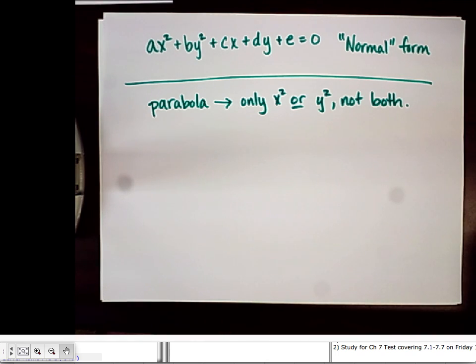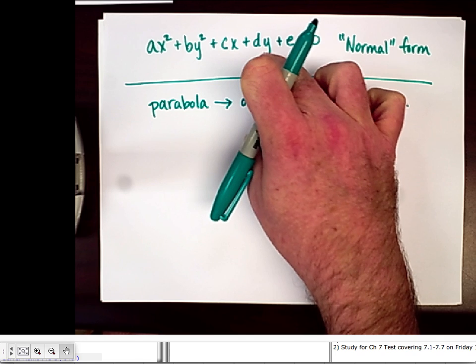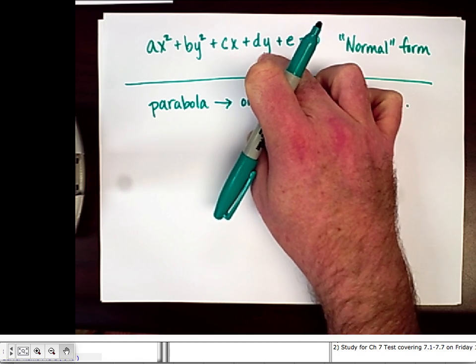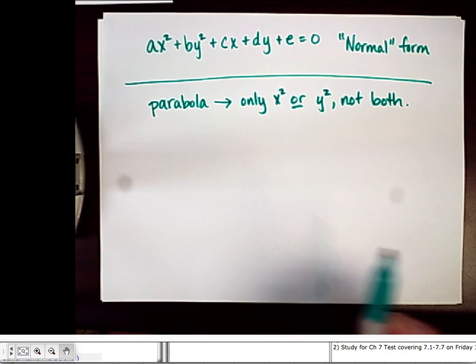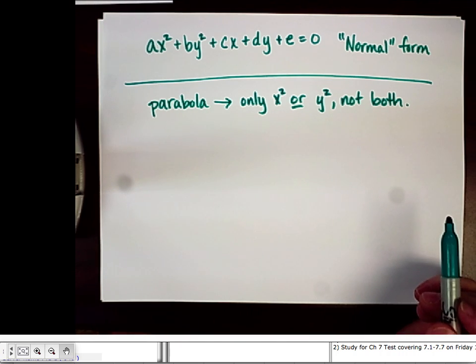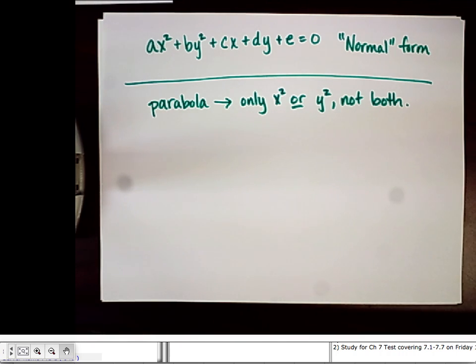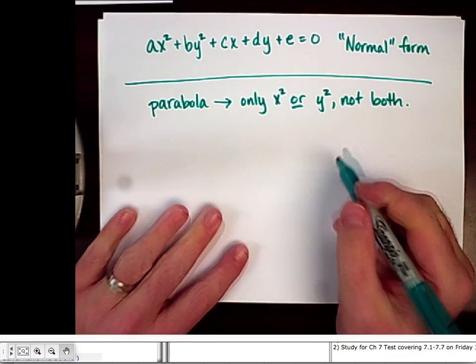Now there can be an x term and a y term. In fact, there probably will be. But there is either only x squared or y squared. Then we know how to get it in vertex form, find the vertex, find the directrix, find the focus, find the length of the latus rectum, all those fun things. So that's a parabola.